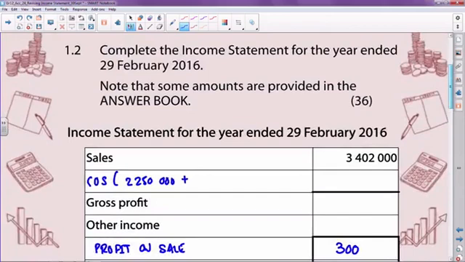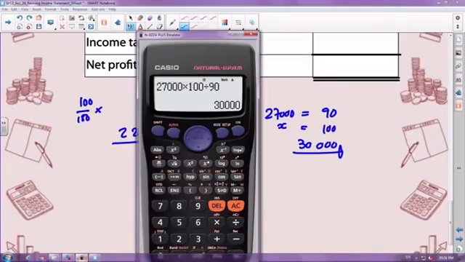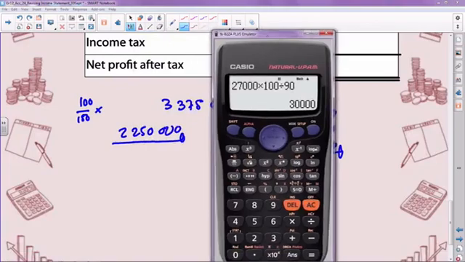So the cost price of those goods was 30,000 Rand. Therefore, you add the 30,000 Rand here and add the two components. It's your 30,000 plus your 2,250,000, and that gives you a figure of 2,280,000.